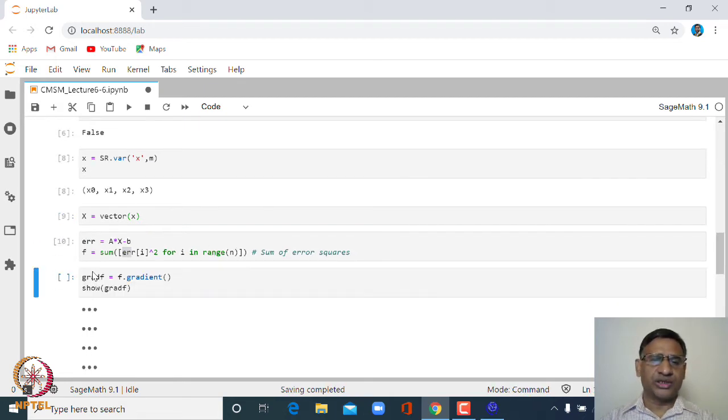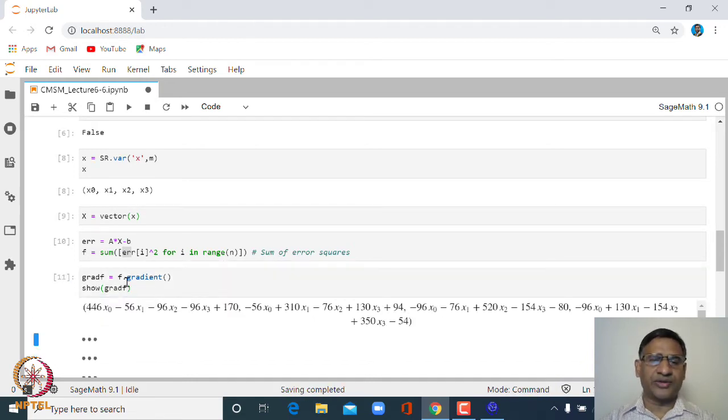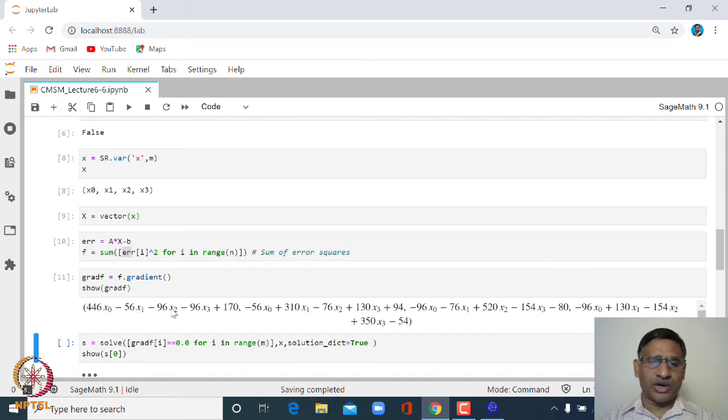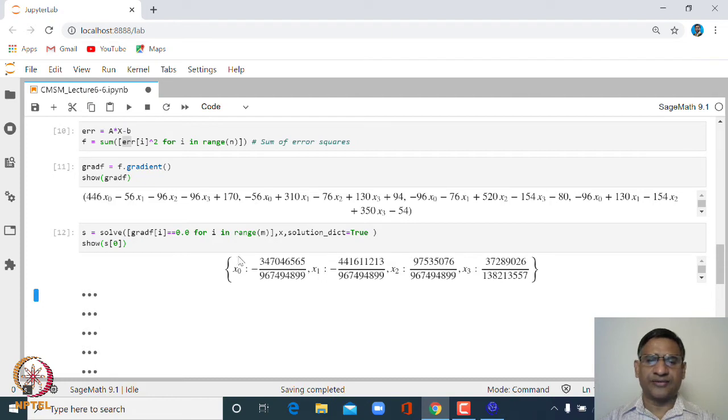So in calculus, how did we do it? Let us quickly do that. We obtain the gradient of f with respect to x0, x1, x2, x3, and this is what we get. Then we solve for each coordinate of the gradient to be equal to 0. That is the critical point. And when you solve this for x, the solution is given by this: x0 is this one, x1 is this, x2 is this, x3 is this.